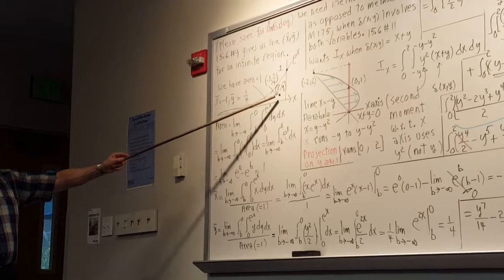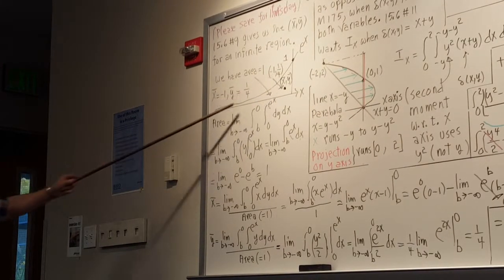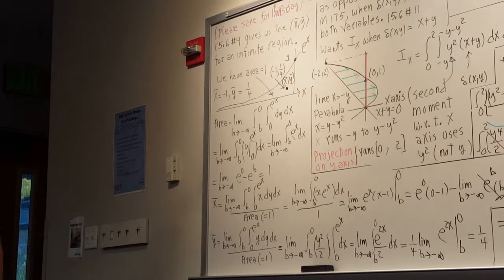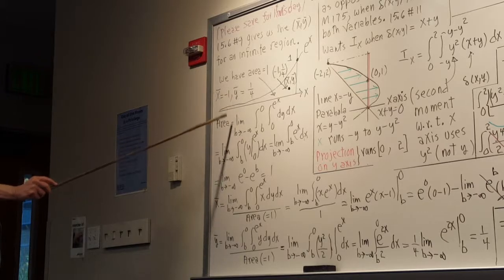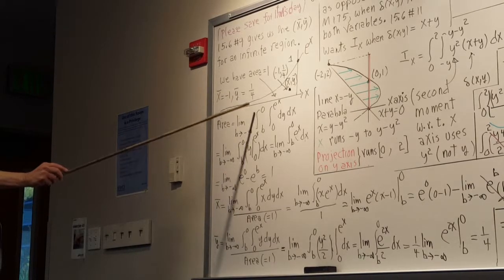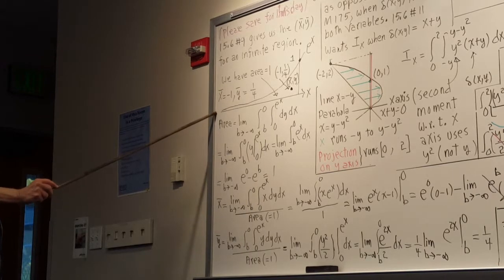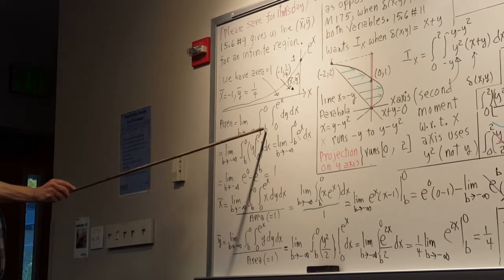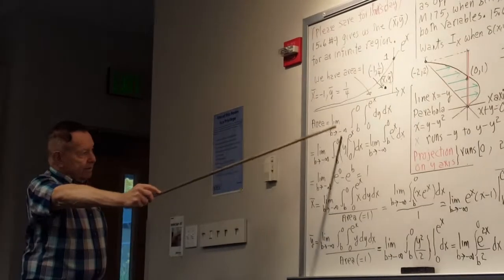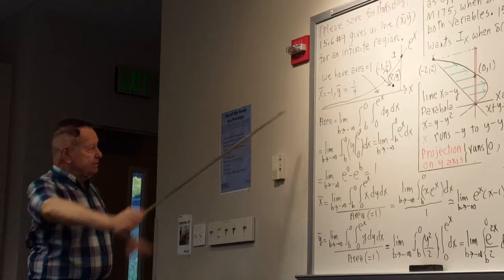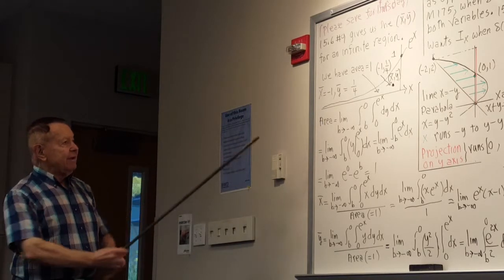And that, in fact, is what we have in the case of problem 9. So it wants the centroid for uniform material, but an infinite region. So the area then would be the limit, since you're going off to negative infinity, from b to 0, and then the limit there as b goes to minus infinity, so off to the left.